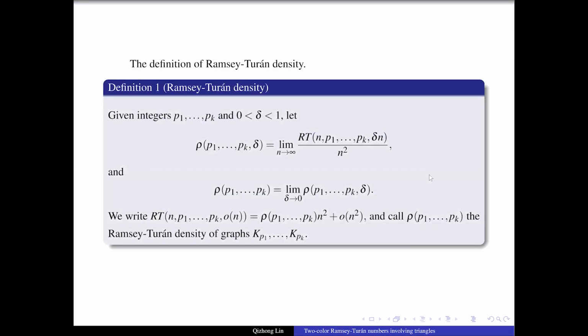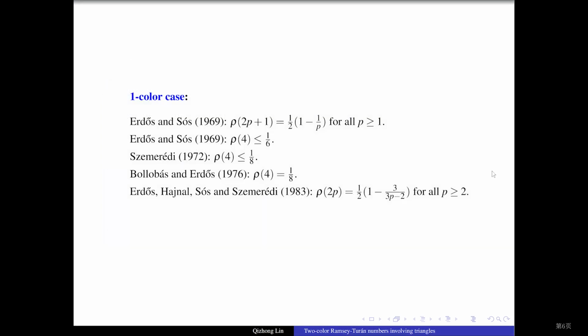The Ramsey-Turán density is defined as follows, and indeed it is a double limit. The Ramsey-Turán density is well understood for the one color case. In particular, Erdős and Sós obtained the density for all the odd cases.